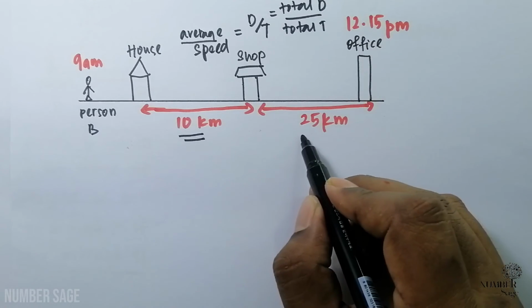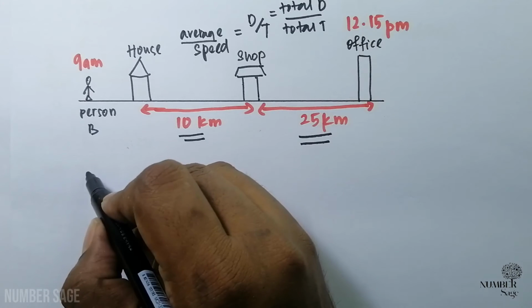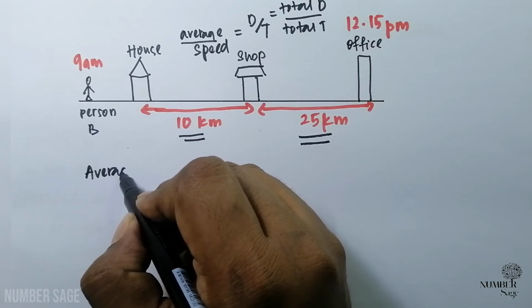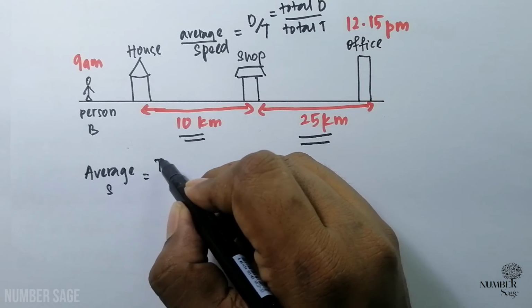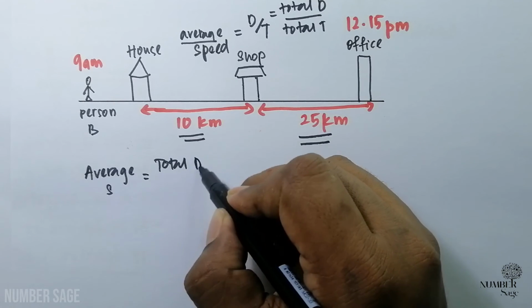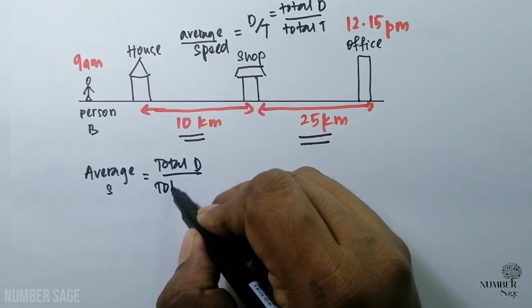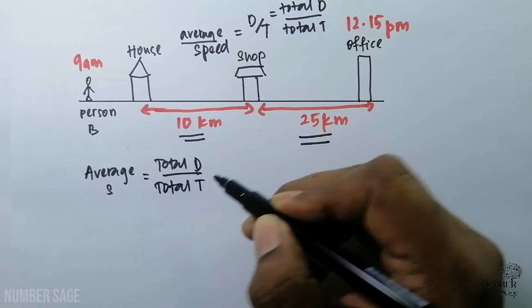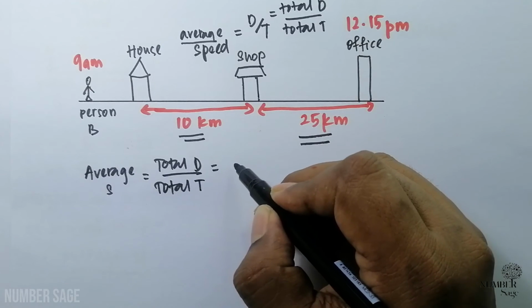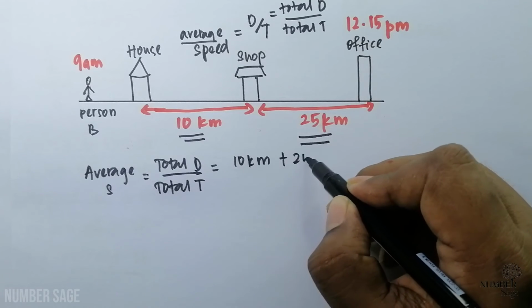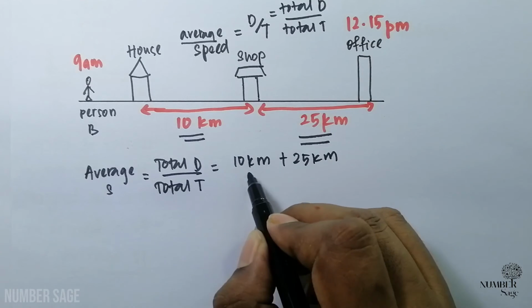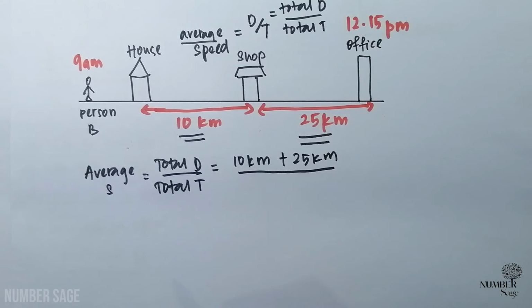From shop to office is 25 kilometers. So average speed equals total distance over total time. So total distance is 10 kilometer plus 25 kilometer over total time.